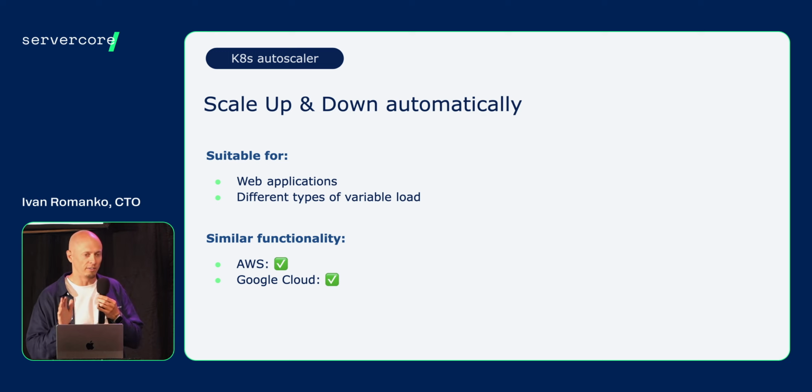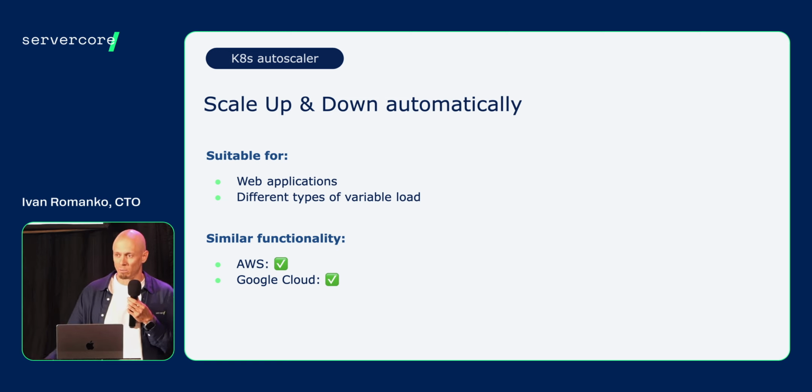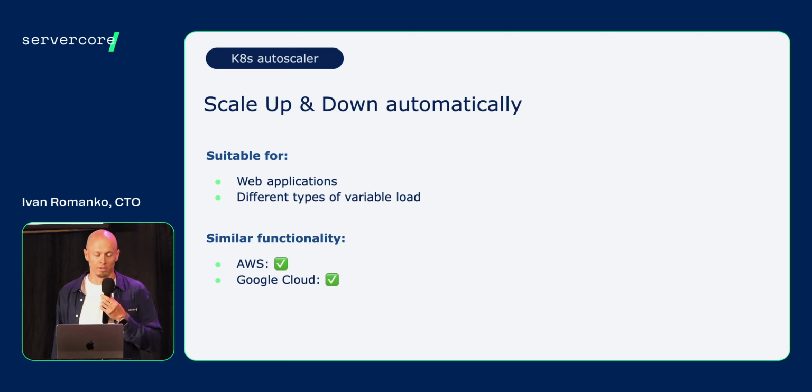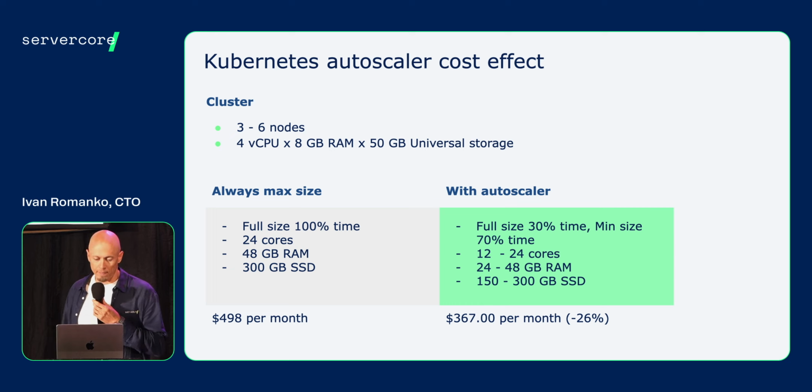Of course, this functionality is enabled in any cloud provider which is matured enough, which has a solution for managed Kubernetes. And if you are building Kubernetes yourself on a self-hosted infrastructure on top of a virtual machine, you can just enable it. Again, here is an example of a cost I've calculated for the example I've told you about.